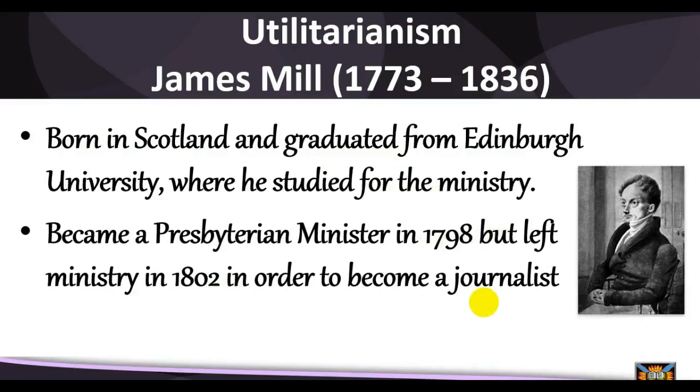He established his reputation as a writer with the publication of A History of British India in 1817. This won him a job with the East India Company in 1819. He headed the company from 1830 until his death in 1836.